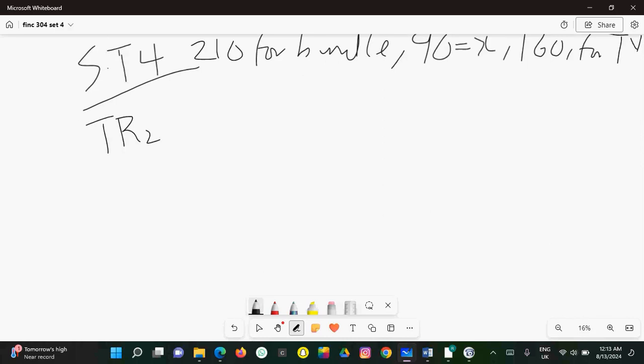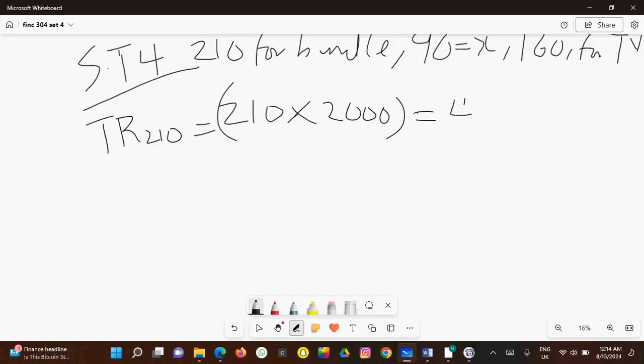TR for 210 is equal to 210, and it's only one type that is going to buy, so it is going to be 2,000. Right? And we are going to get 420,000.